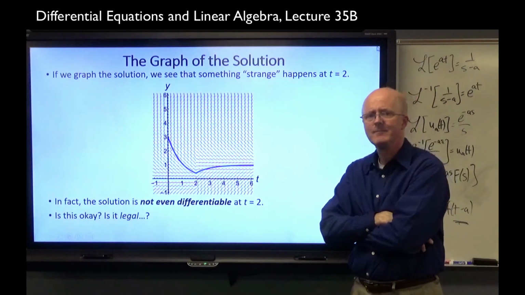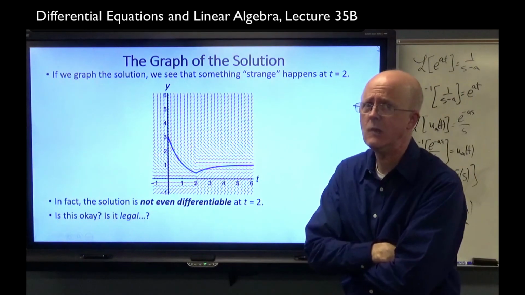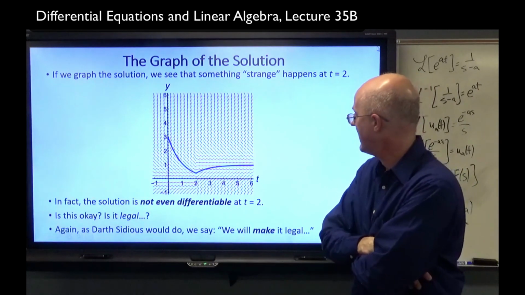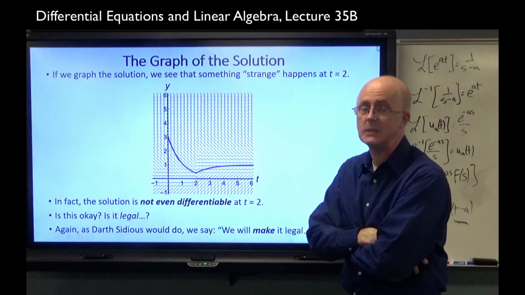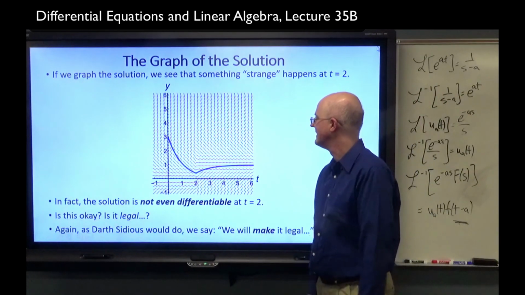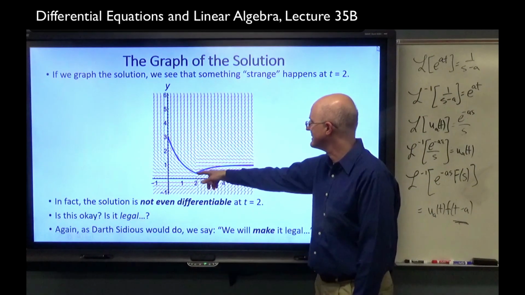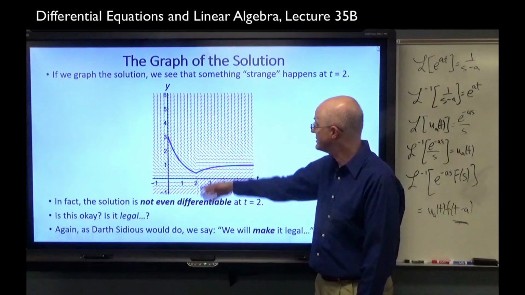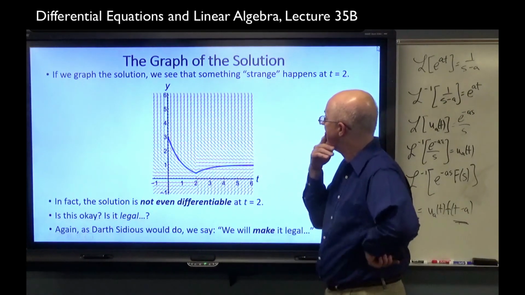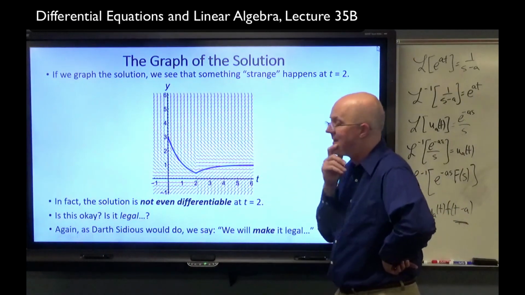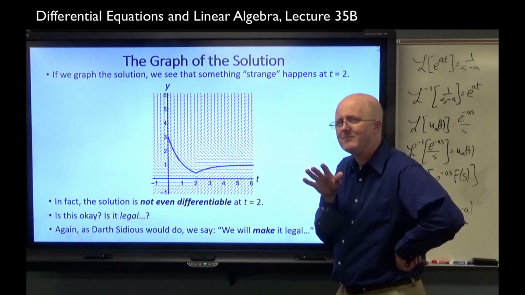Is that okay? Is that legal? You know what I'm going to say next. Like Darcidius, we say, we will make it legal. Okay, yeah, there's a discontinuity in the derivative of the solution at t equals 2. There's actually also a discontinuity in the vector field at t equals 2 along this vertical line there. Just don't worry about it.